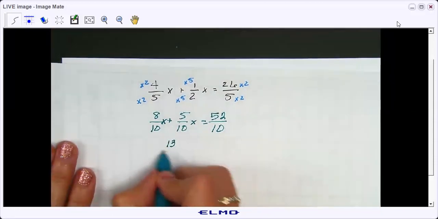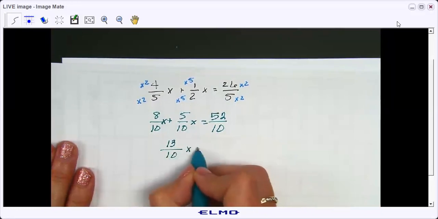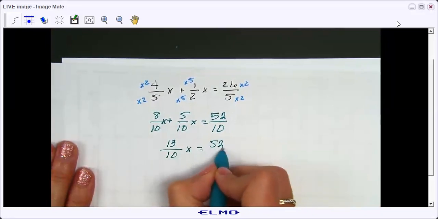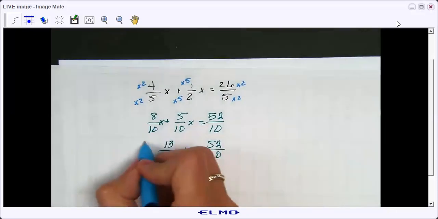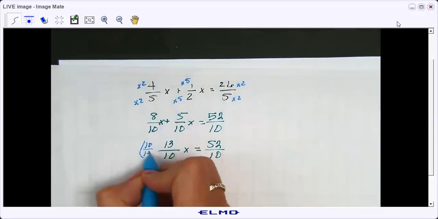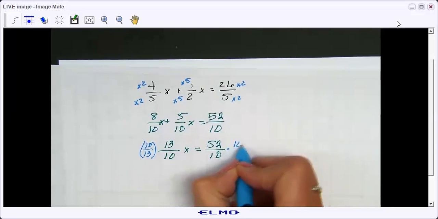I have 13 over 10 x equals 52 over 10. Oh, this isn't bad, actually. What are we going to do? Multiply by its reciprocal. Yeah. So we're going to multiply by 10 13ths on both sides.